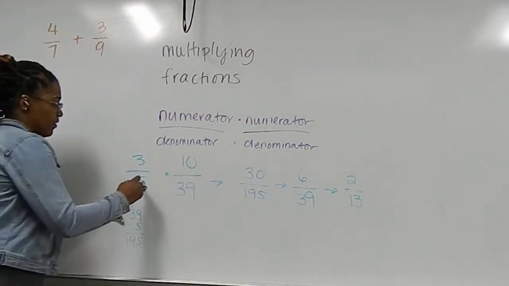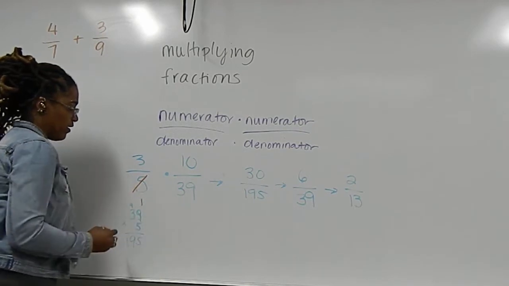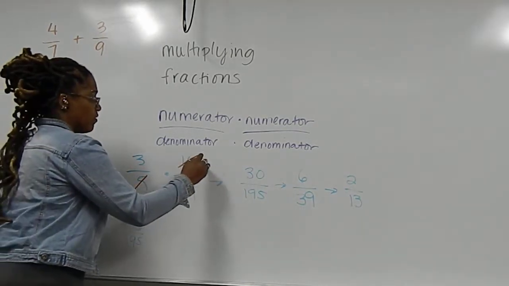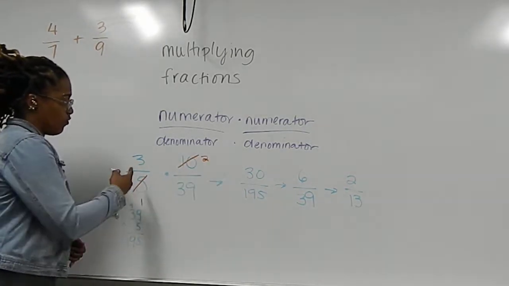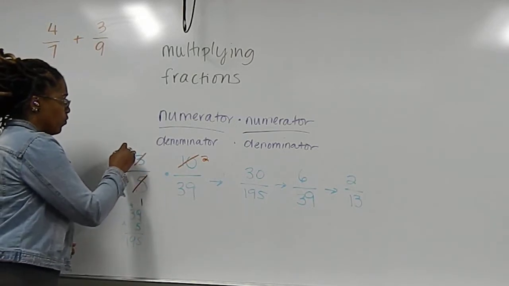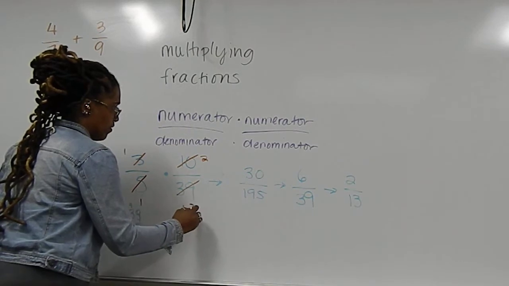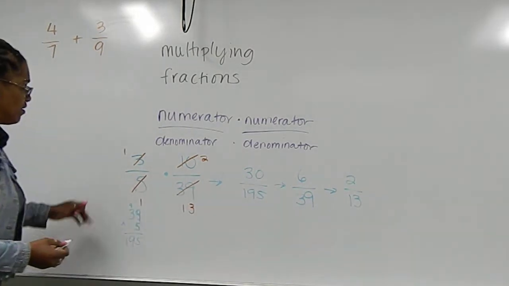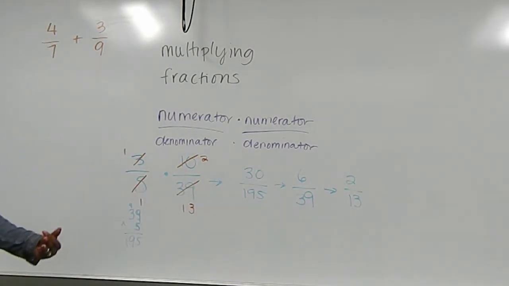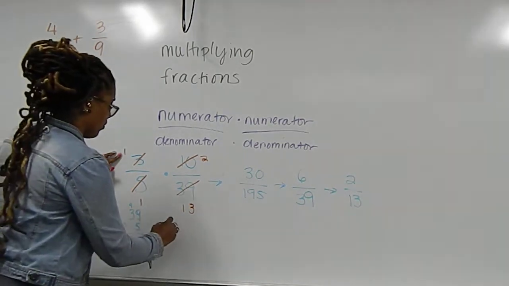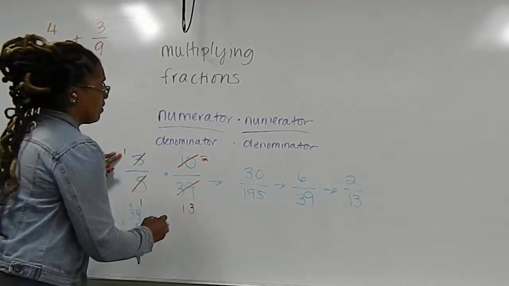So we know 5 goes into 5 one time, 5 goes into 10 two times, 3 goes into 3 one time, and 3 goes into 39 13 times. So now, because we've reduced ahead of time, can y'all see?